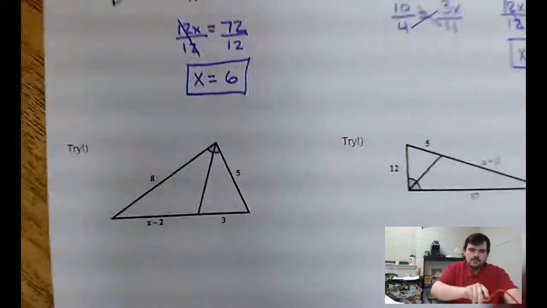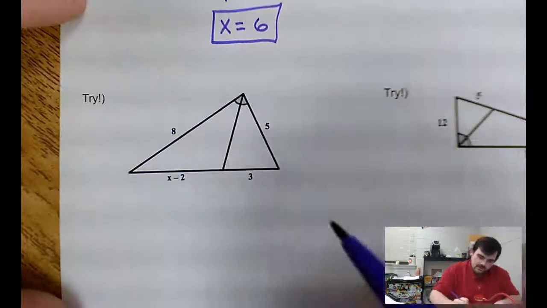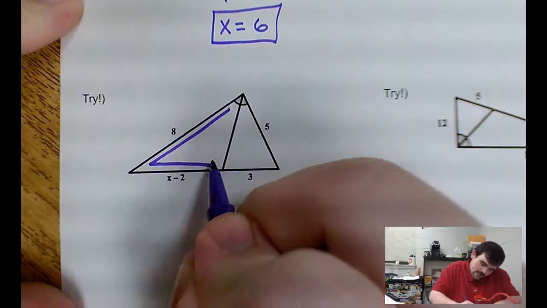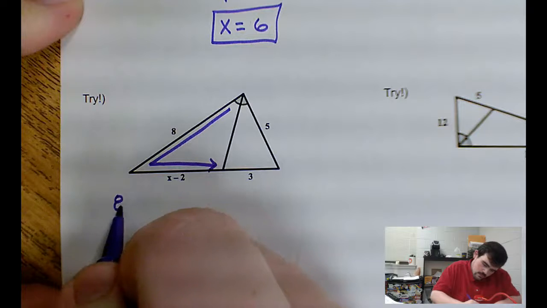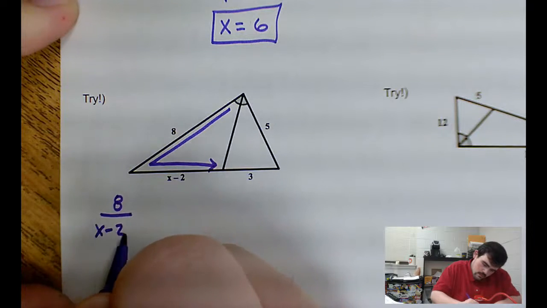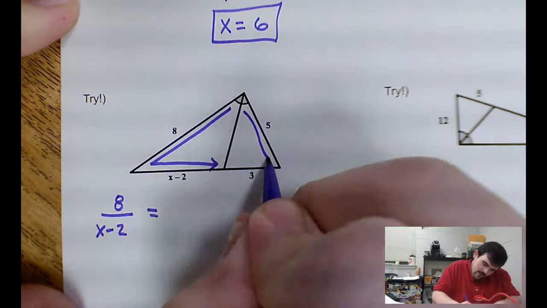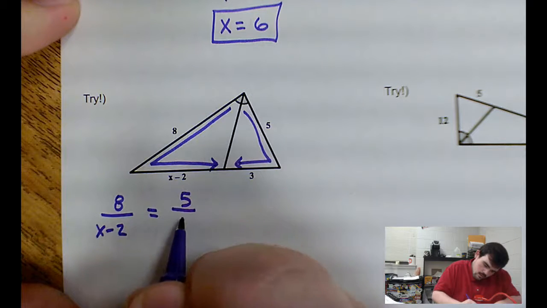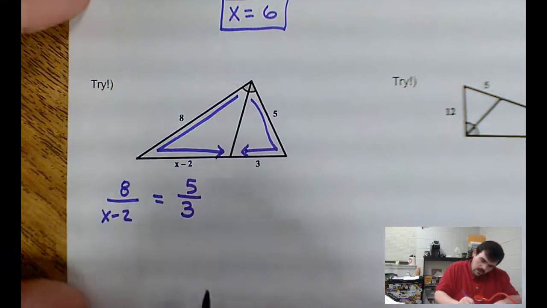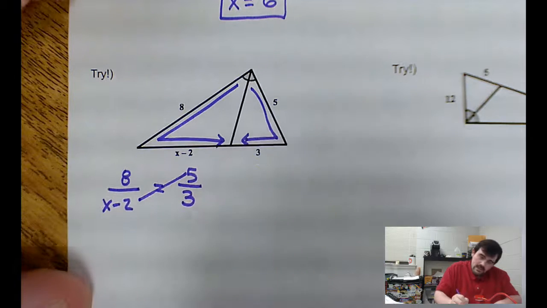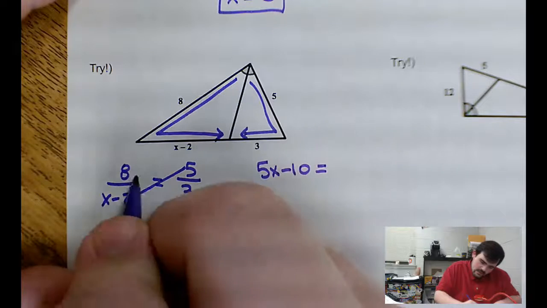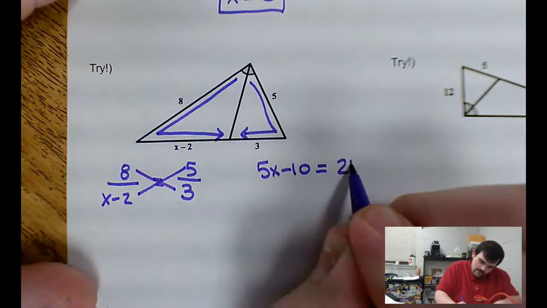So, this first one that I had you try on your own, let's do 8 over x minus 2 equals 5 over 3. And 5 times x minus 2 is 5x minus 10 equals 8 times 3 is 24.